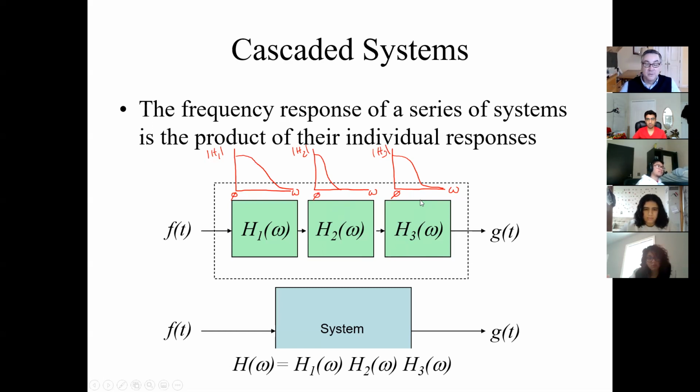So what would be more effective is for me to spend my time working on improving system 2 rather than system 3 or system 1. Okay, any questions on that? Again, it should be kind of an intuitive result, but it's something to think about a little bit.